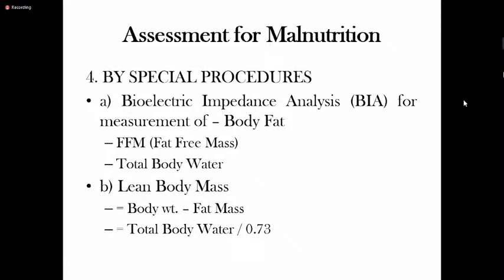It can also measure fat-free mass. It can also measure total body water. We can also measure by these special methods the lean body mass. And the lean body mass is the body weight minus the fat, and the fat we have measured in the first one up there.